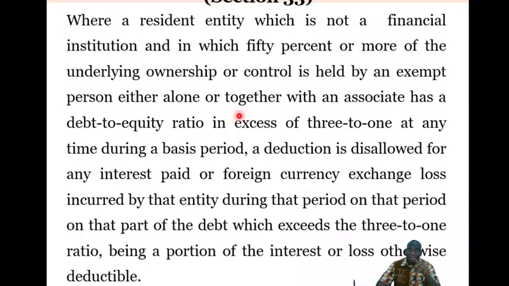So you can see here where a resident entity which is not a financial institution and in which 50% or more of the underlying ownership or control is held by an exempt person, either alone or together, so they can even combine to have that holding with an associate, has a debt to equity ratio in excess of 3:1 at any time during a basis period, a deduction is disallowed for any interest paid or foreign currency exchange loss incurred by that entity during that period, on that part of the debt which exceeds the 3:1 ratio, being a portion of the interest or loss otherwise deductible.